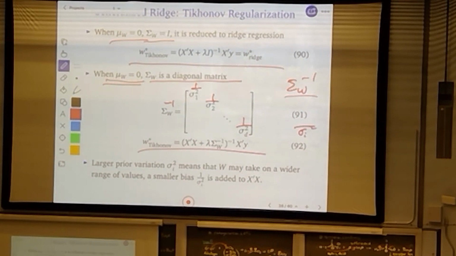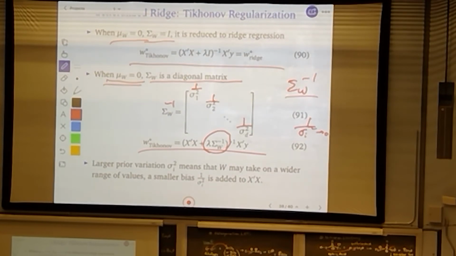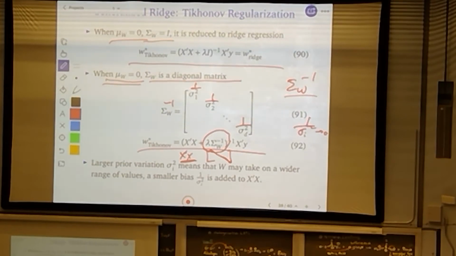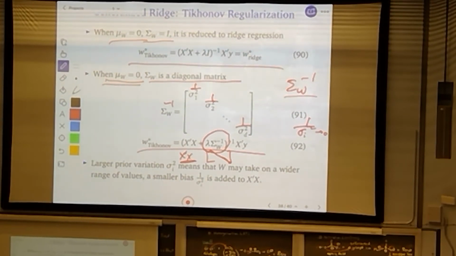And then 1 over sigma i is very small, it's almost 0. So effectively for that particular dimension, I just add a very small value to the diagonal of this data covariance matrix. So I do not inject much bias to the data covariance. I let the data speak for itself.